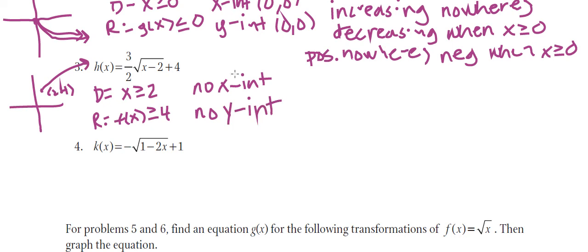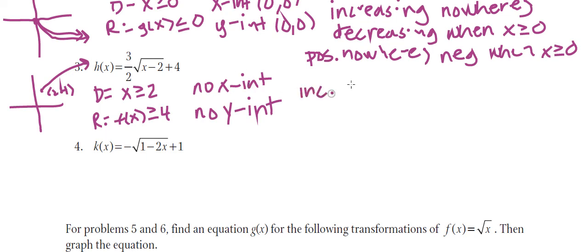So again, if you want to solve those mathematically, you set x equal to 0 to find your y-intercept. You set y equal to 0 to find your x-intercept. The minute you move that over there, you get a negative number. And then you're telling me that some square root is going to give you a negative number. Well, that's not possible. So again, if you actually solve them mathematically, you'll figure out that there's no x-intercept, no y-intercept.